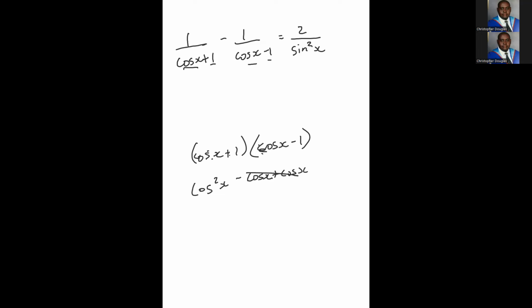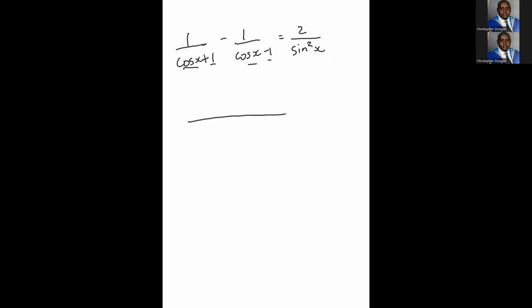And 1 times negative 1, negative 1. Just look at the difference of two squares. So you're telling me that if I multiply these two denominators, I'm going to get the difference of two squares. And that's exactly correct. So my LCM is going to be the difference of two squares. So I'll have cos squared x minus 1.